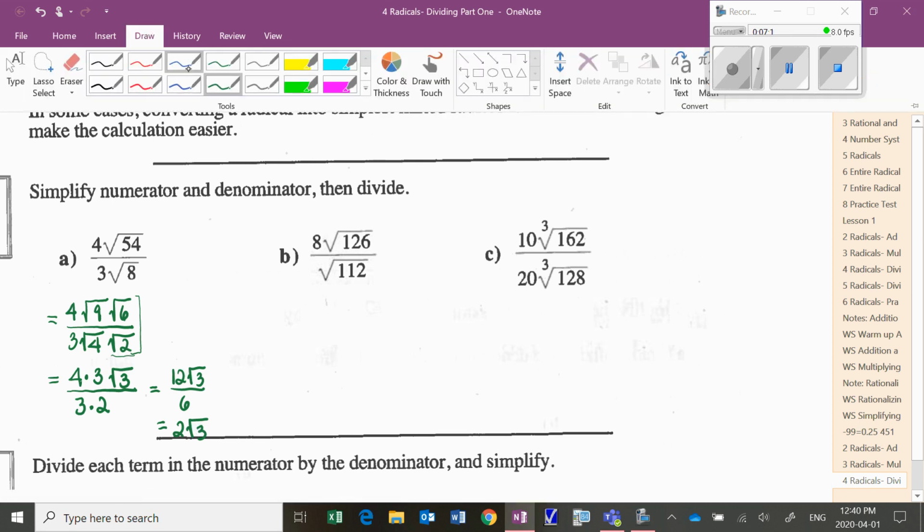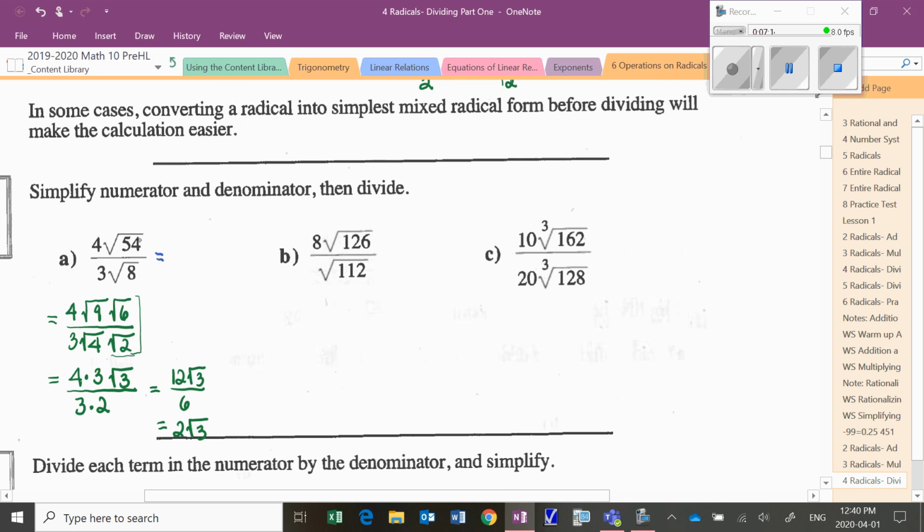The other way, so doing something similar to what we did in class example number 1, would be to say, hey, if I looked at reducing root 54 and root 8, there's a common factor of 2 in here, and so we could say that this is the same as 4 over 3, and then root 27 over root 4 in that particular case, and then root 4 is simply 2, so we've got 3 times 2 in the denominator, and the numerator 4 times, and root 27 is the same as root 9 times root 3, and so then we've got 4 times 3 root 3 over 6, and that certainly looks familiar.